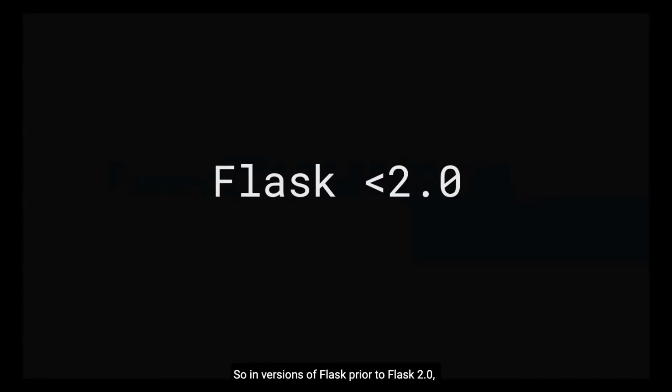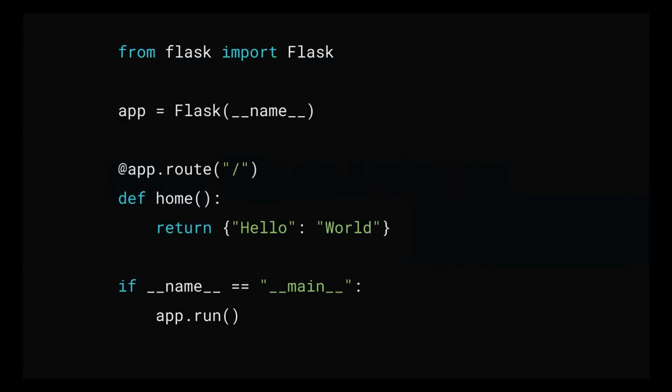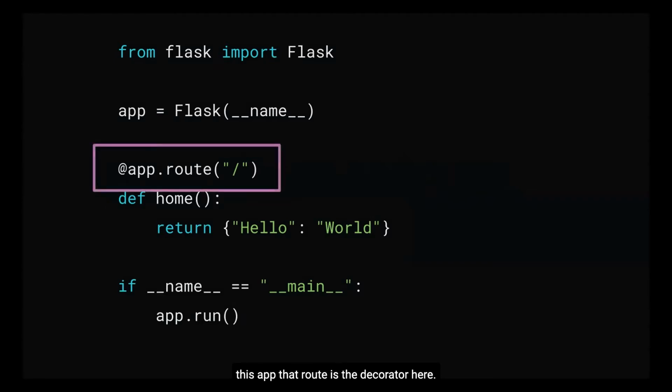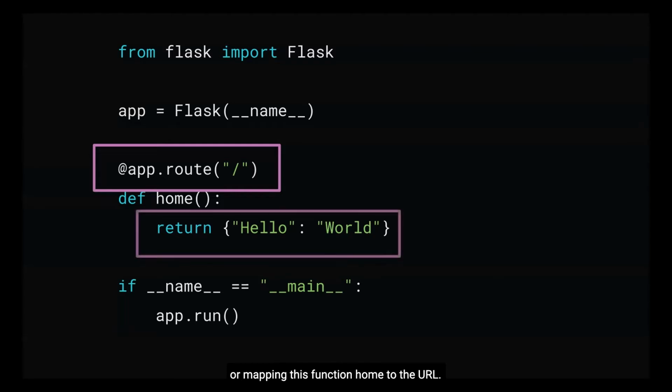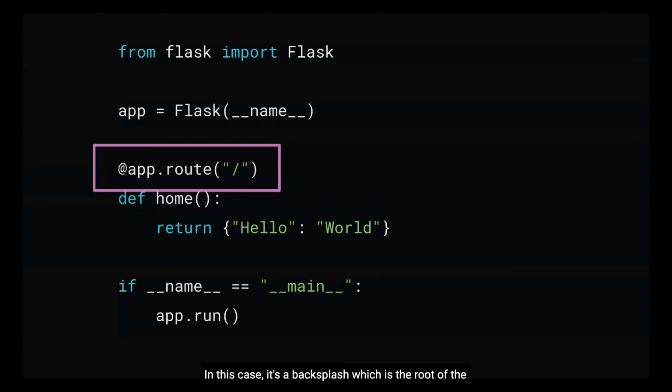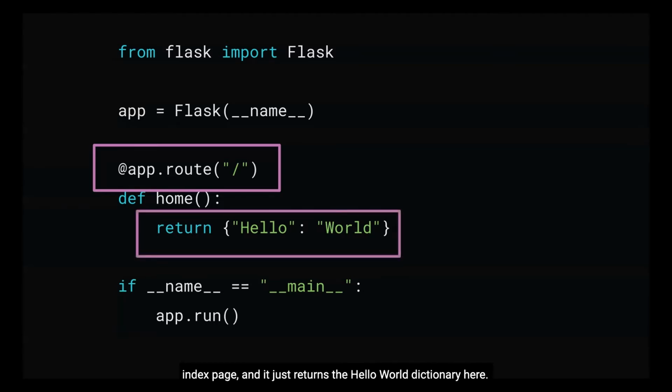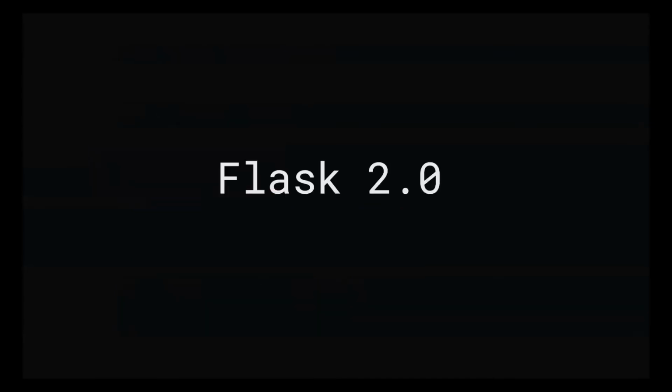So in versions of Flask prior to Flask 2.0, app.route is the decorator here, the @app.route. And it's routing or mapping this function home to the URL. In this case, it's a slash, which is the root or the index page. And it just returns the Hello World dictionary here.